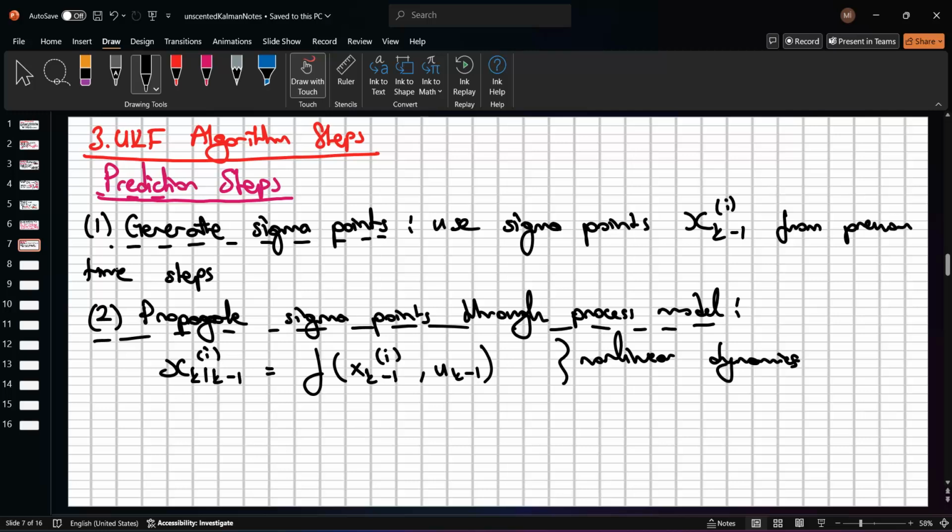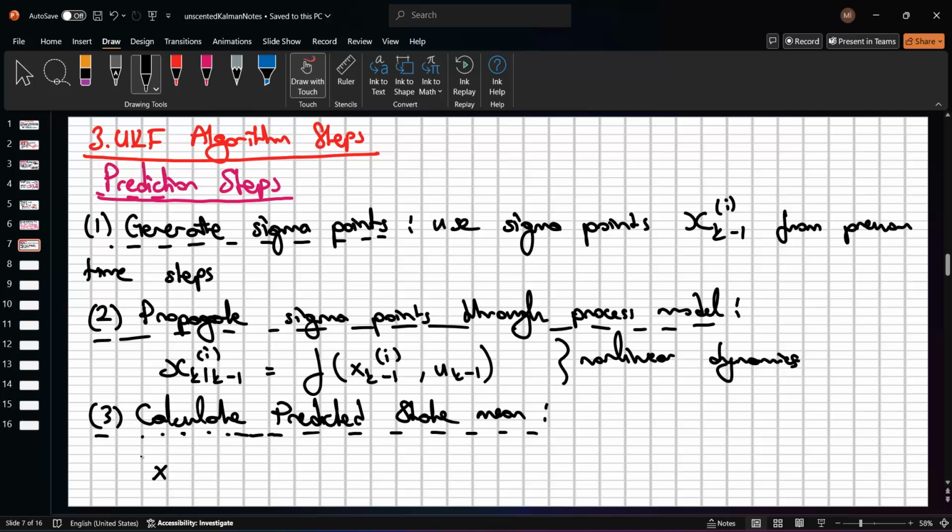After that, we need to calculate the predicted state mean in here. But how can we do that? The x hat estimated k minus 1 value is equal to the sum from i equals 0 to 2n of W i m times chi k given k minus 1 i.